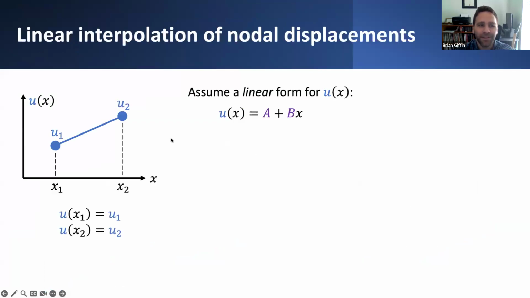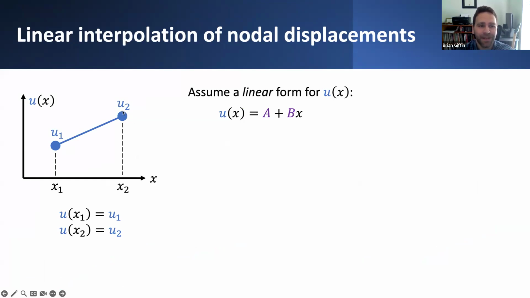Okay, so the question now is, how do we define these interpolatory functions for a given element where maybe we have two nodal coordinates, x1 and x2, where we have defined these two solution coefficients, u1 and u2.